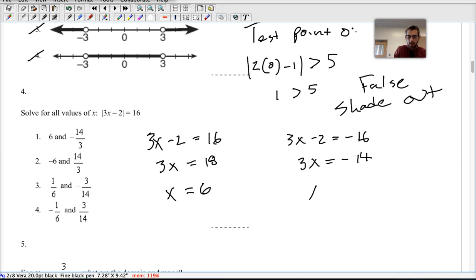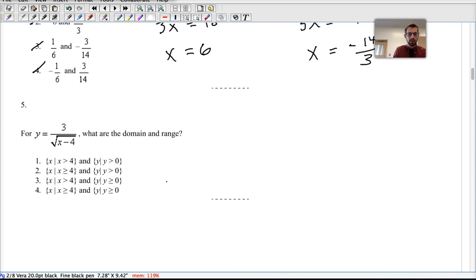And then x is going to be equal to negative 14 divided by 3. I can't simplify that any further. So I know my solutions are going to be positive 6 and negative 14 over 3. Answer choice 1.